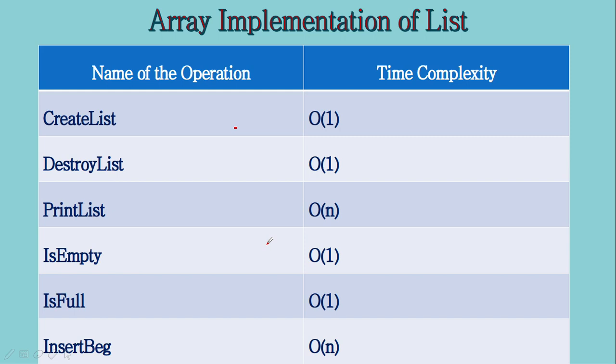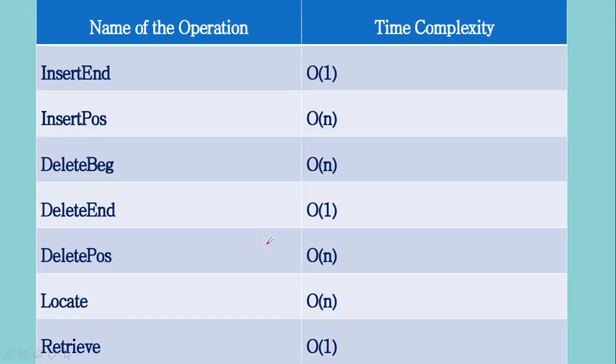Then we wrote insert beginning. In insert beginning we have to shift all the elements one place right when we insert, so the complexity will be big O of n. For insert at the end, we just put the element at the end and need not do any other operation, so the time taken will be constant.